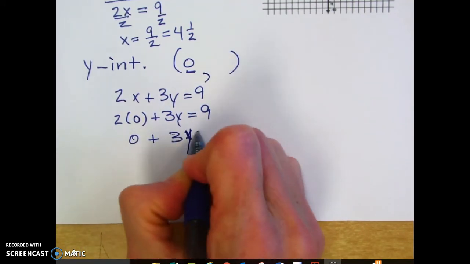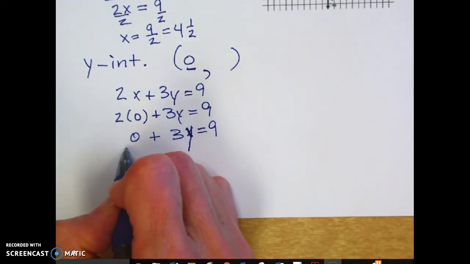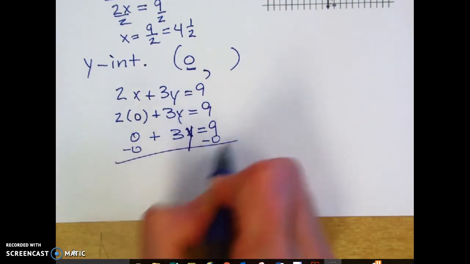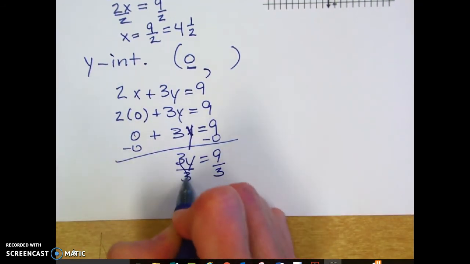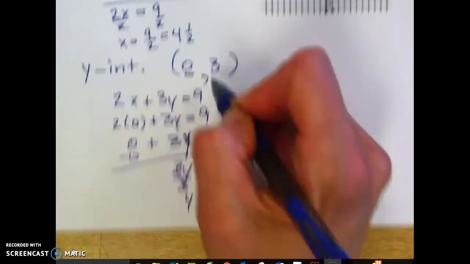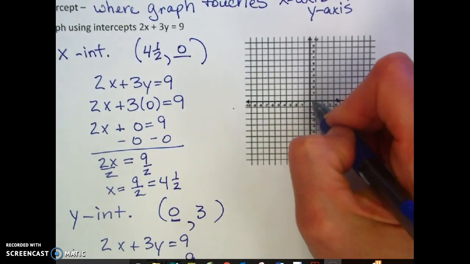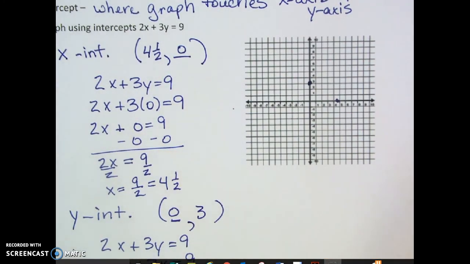Oops, that's a y. Okay, anything times 0 is 0. Subtract 0 on both sides. Just gives you 3y equals 9. Divide by 3. And it looks like y equals 3 for the answer to this. So at 0, 3 is where the line is going to go through the y-axis.